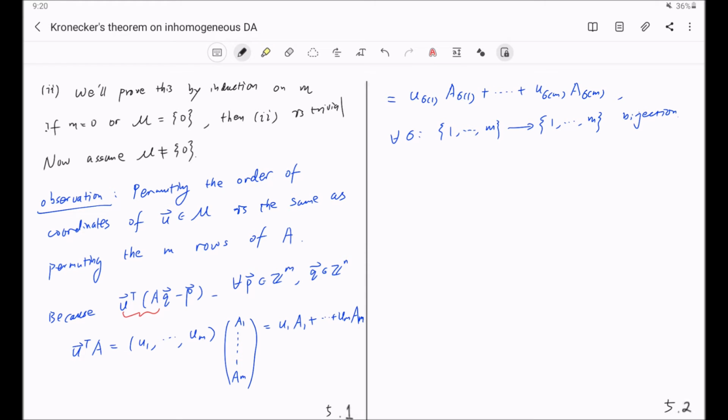And with this understanding, we are able to proceed with the proof.